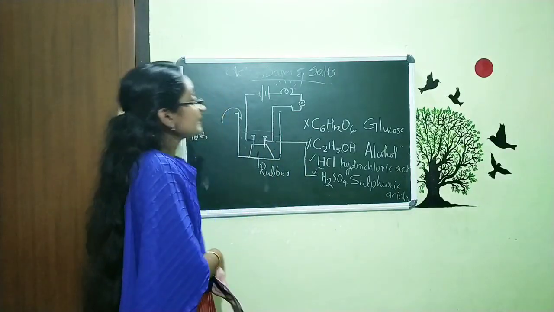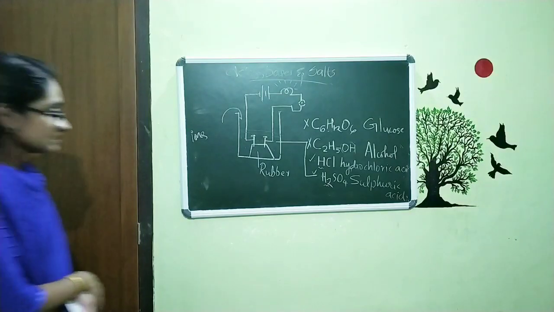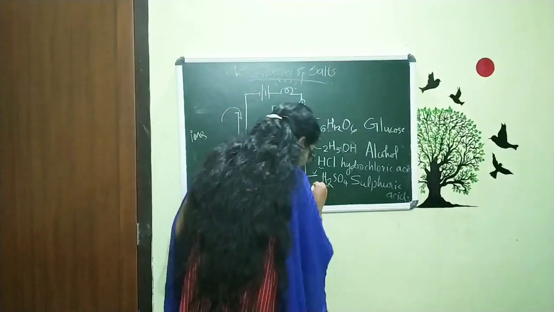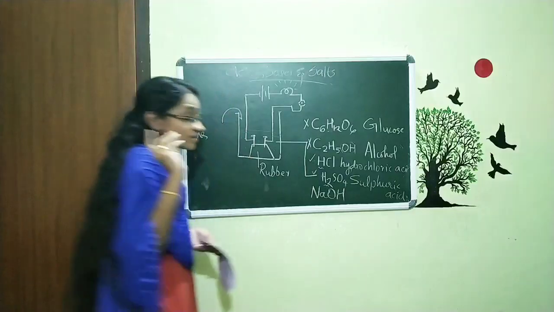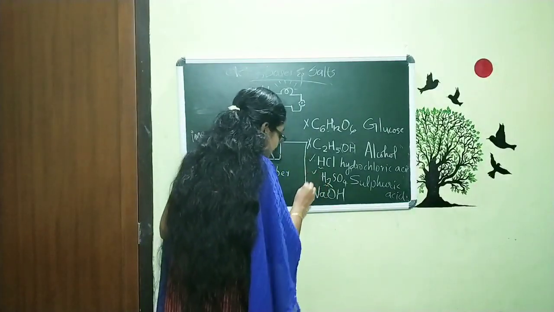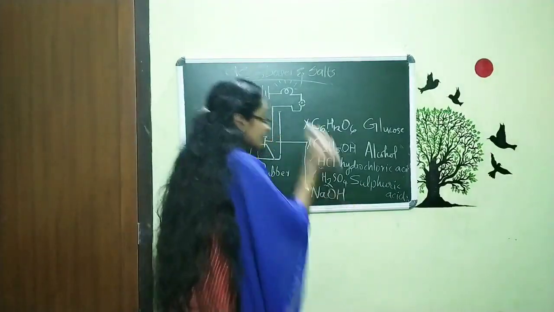Again, I am repeating this experiment by selecting a base. Two samples are there. I am selecting sodium hydroxide, NaOH, and repeating this experiment. Here I am selecting liquid sodium hydroxide.